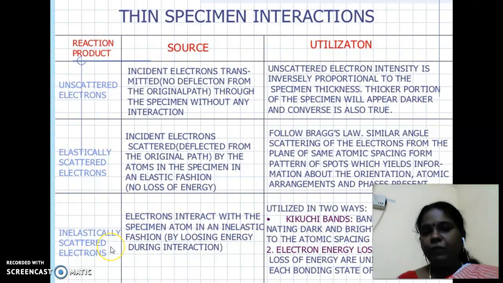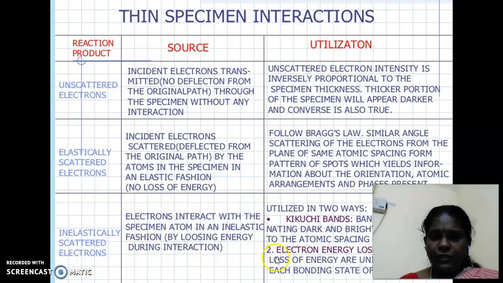Okay, and third one, inelastically scattered electrons. Electrons interact with the atoms in the specimen in an inelastic way. That means there is an energy loss during this scattering process. And the energy loss can be utilized in two ways. One is the Kikuchi bands, the bands of alternating dark and bright lines, and it gives you information about the atomic spacing of the specimen.